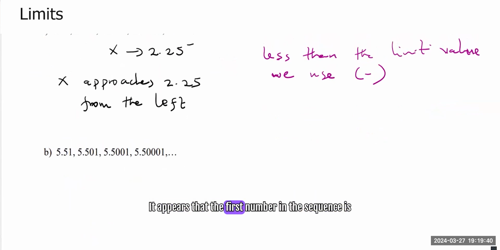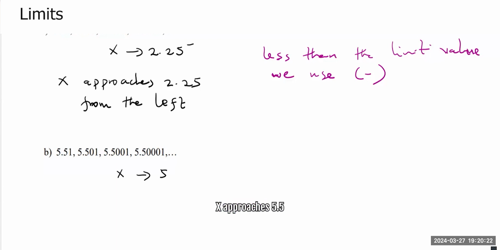So when we look at the second problem, what can we say? It appears that the first number in the sequence is 5.51. But as time goes on, you realize that this number is decreasing towards a certain value. What value is that? Think of it. What value is it decreasing towards? Just 5.5. Good. It's 5.5. So since it is decreasing towards 5.5, we can write it as x approaches 5.5, to the power plus.